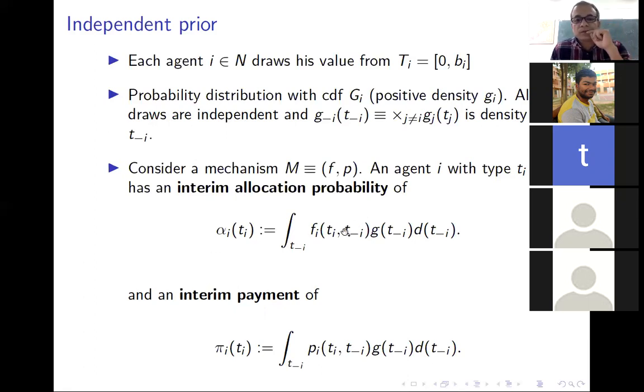So assuming that others are reporting truthfully, this is the probability with which she will get the object, and this is the probability t_minus_i is realized. So this is the interim allocation probability. Similarly, this is the expected payment of agent i with type t_i.